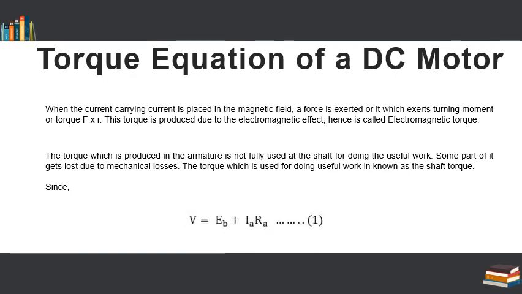Since V is equal to Eb plus Ia into Ra, we can say that the back EMF Eb is equal to V minus Ia into Ra. Equation number 1, where V is called the terminal voltage, Eb is called the back EMF, Ia is called the armature current, and Ra is called the armature resistance.